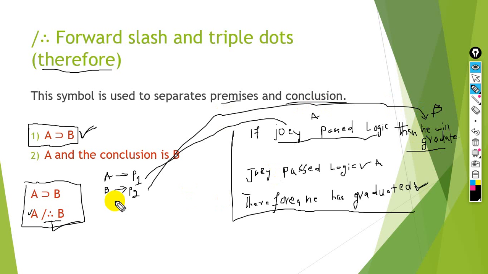Now we have written two propositions. Now make a relationship between these two propositions just like this, and now the conclusion will be this.